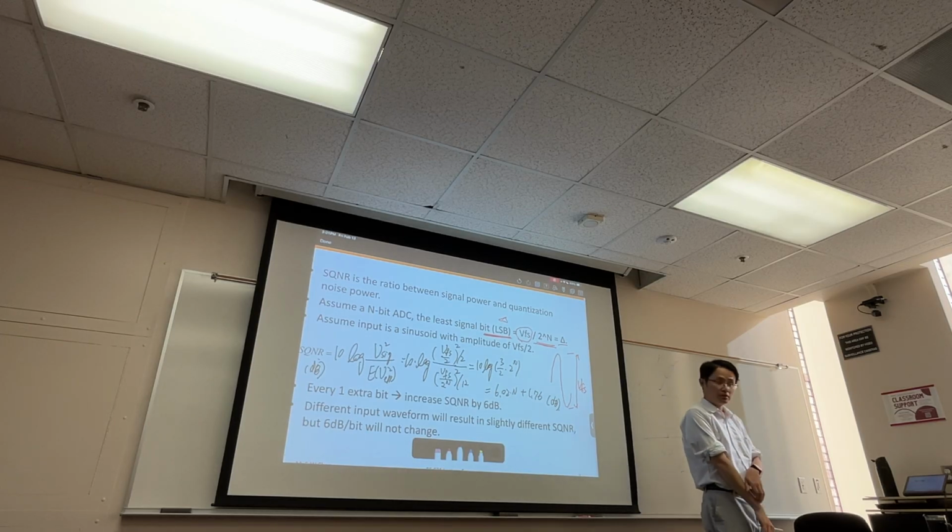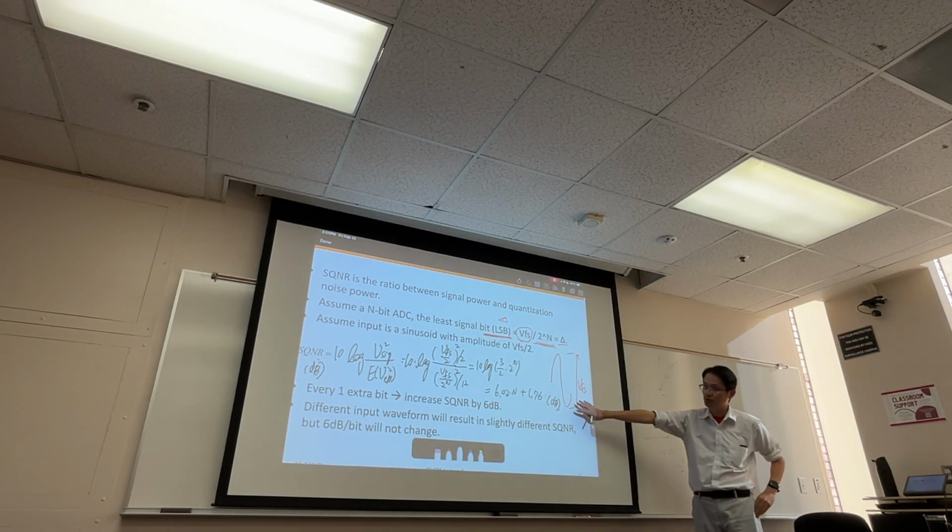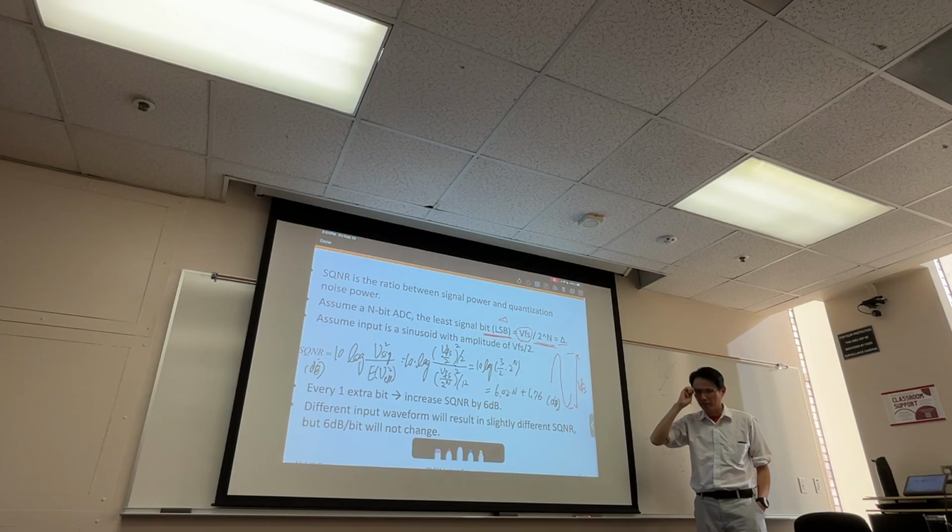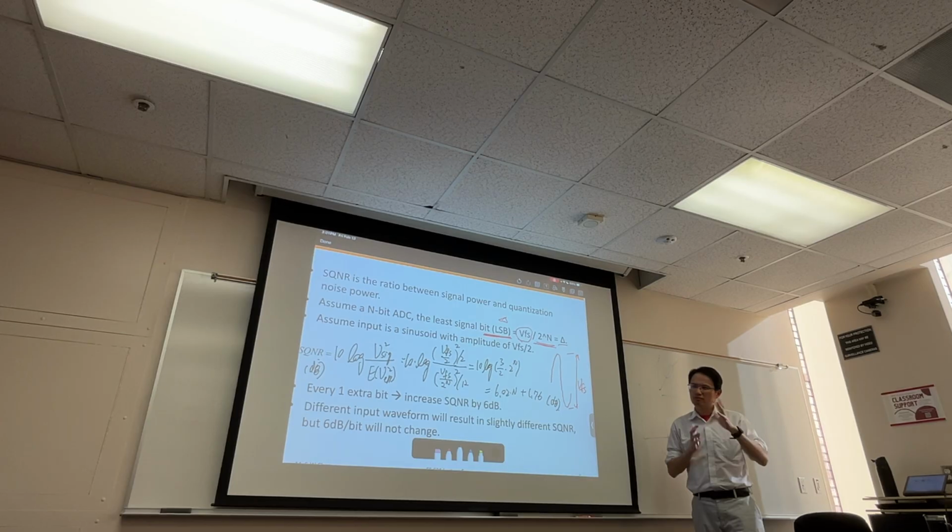Because of that, this becomes a super important number. And another good reason is that most of our analog systems have an ADC. That's a fact. Very rarely will you find a system that does not have an ADC. Very rare, a very special case. 99% of the electronic circuits in the world always have an ADC.